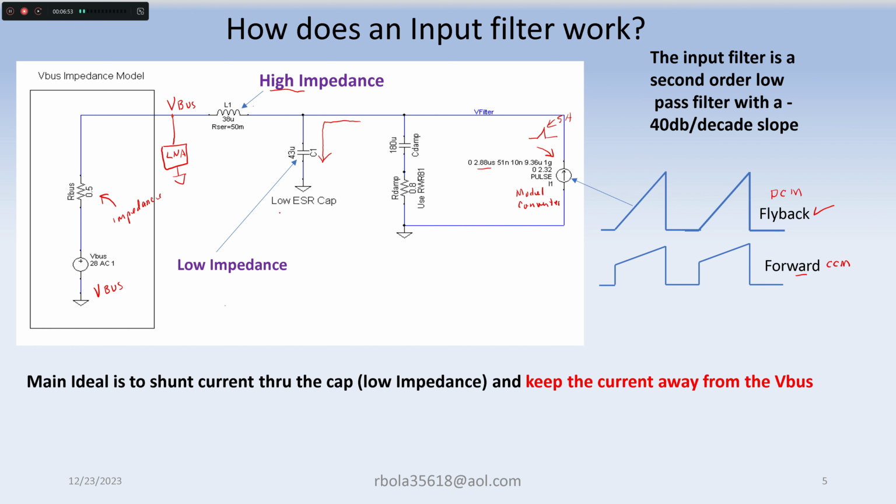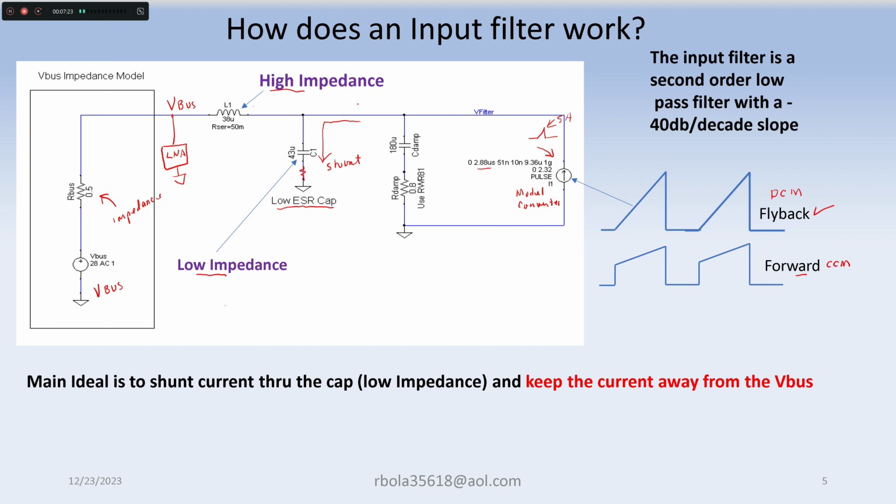And this capacitor, typically you want a low ESR cap. So the ESR, you want it extremely low. And so the capacitor will present a low impedance, so you can shunt most of the current through here. And then the inductor presents a high impedance.